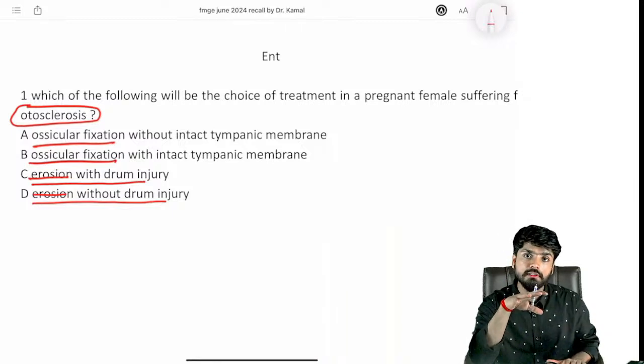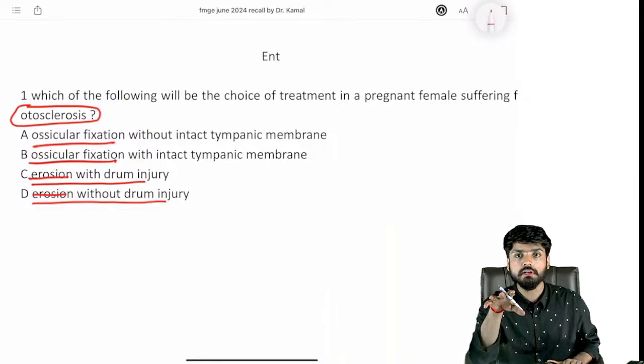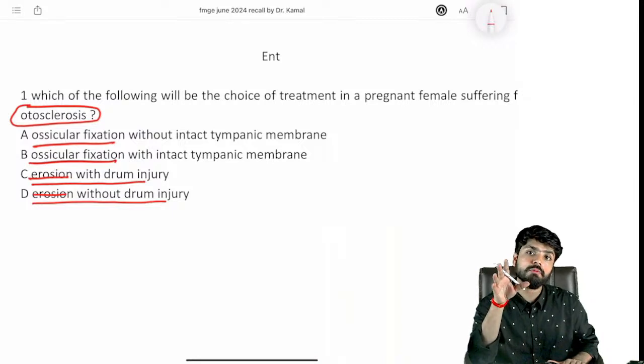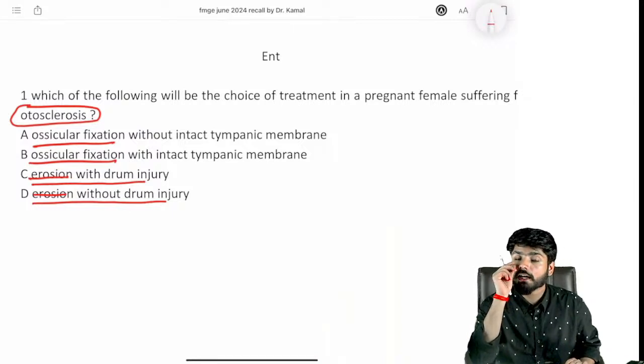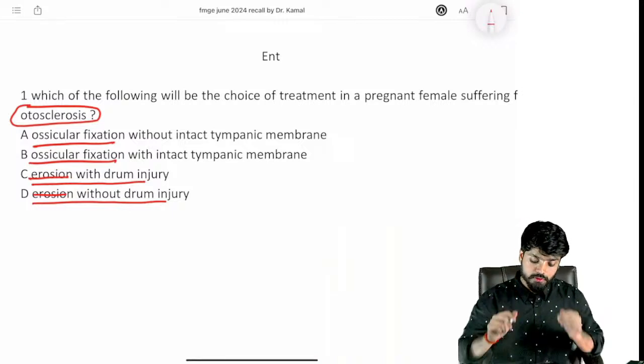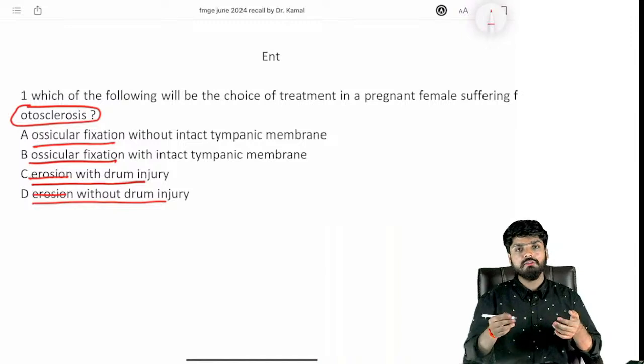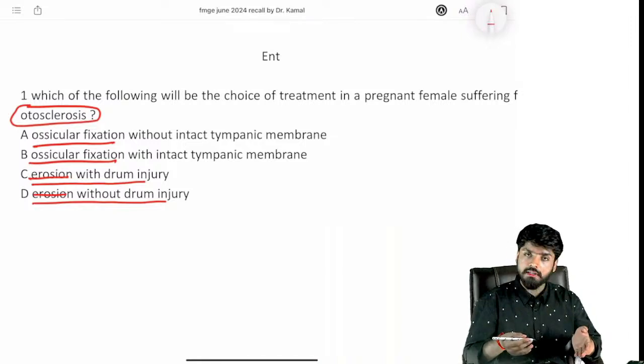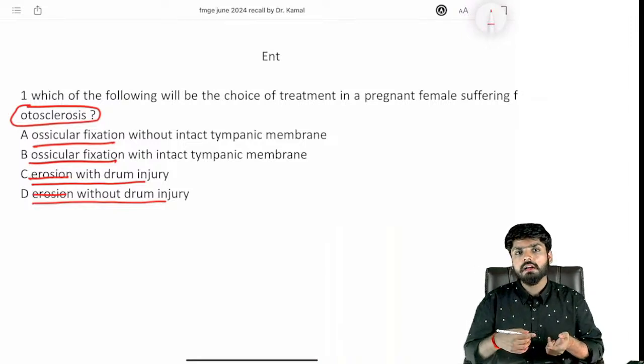The conduction which happens through the ossicles into the oval window gets hampered, and the patient will start having poor hearing. The hearing that will get affected first is conductive hearing loss.